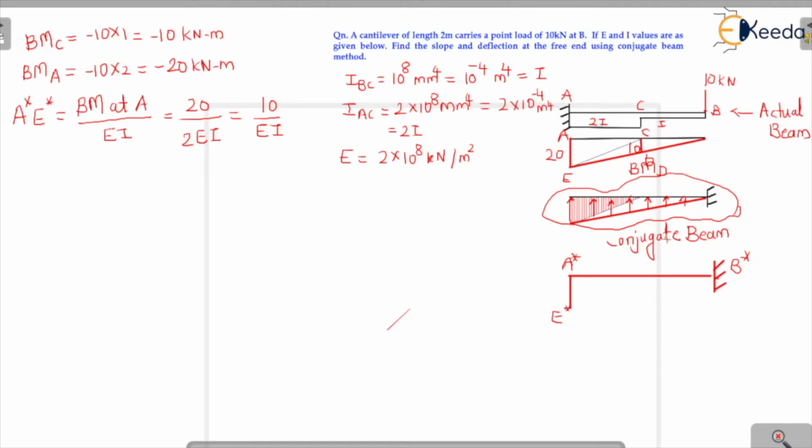Now let us see what will be the ordinate at this point, C star, and the bending moment at C star, D star. What is the ordinate at this point for this particular case? Let us see that.